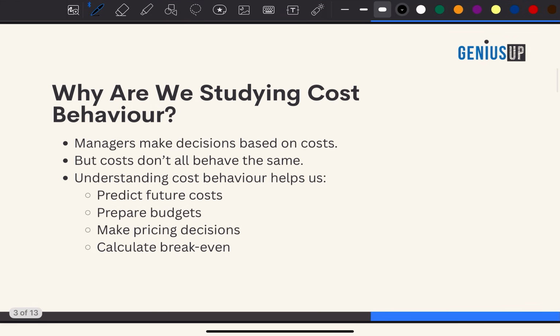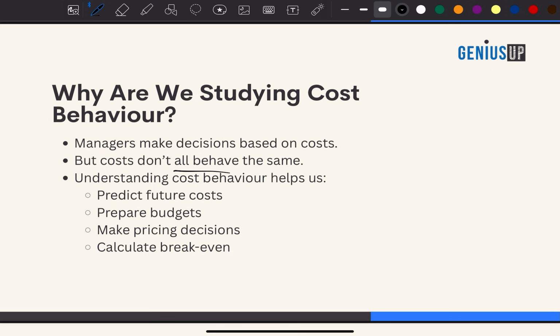So firstly, why are we studying cost behavior? Managers usually make decisions based on cost, and we emphasized in the previous video that we really need to understand cost to be able to make better decisions. But the issue is that not all costs behave the same.